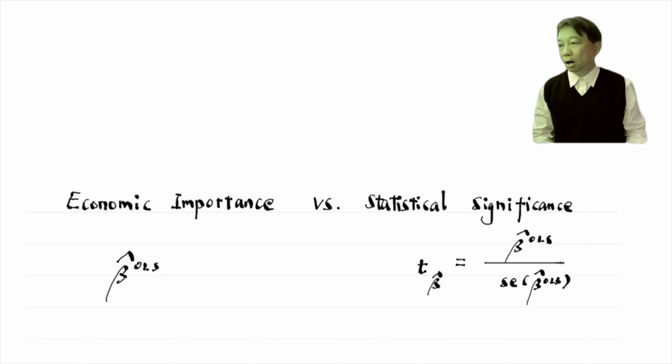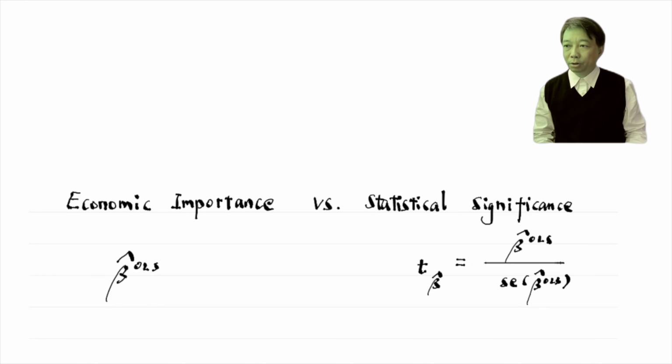Similarly, a large t-statistic does not necessarily result from a large OLS estimate, as both the estimate and its standard error may be small. We know that if the t-statistic is small, say less than 1.96, then the population parameter is not statistically different from zero, no matter how large the OLS estimate is.